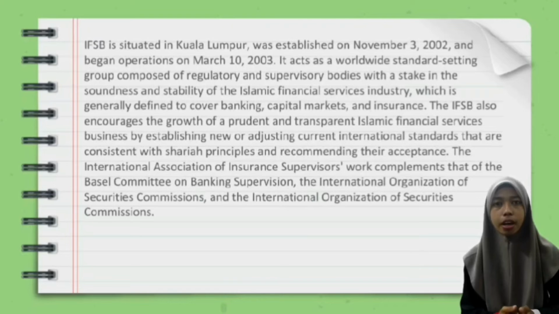The IFSB also encourages the growth of prudent and transparent Islamic financial services business by establishing new or adjusting current international standards that are consistent with Sharia principles and recommending their acceptance.